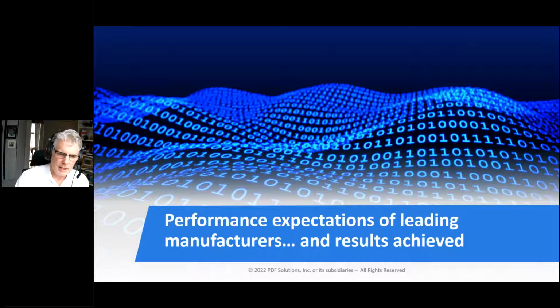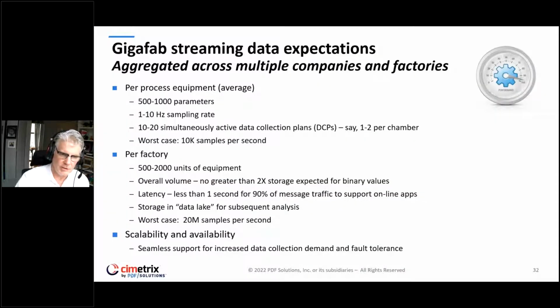So the next couple of slides, we'll talk about the results of installing these kinds of architectures in a fab, starting with a fab's expectations. So I think, as Alan mentioned, the expectations just for a tool, in the first bullet point here, just for a per process equipment tool, you might have thousands of parameters sampling at a sub-second rate, 10 hertz rate.